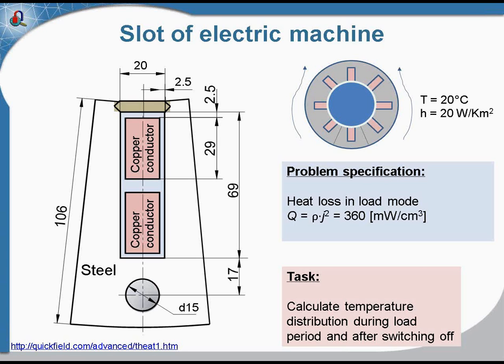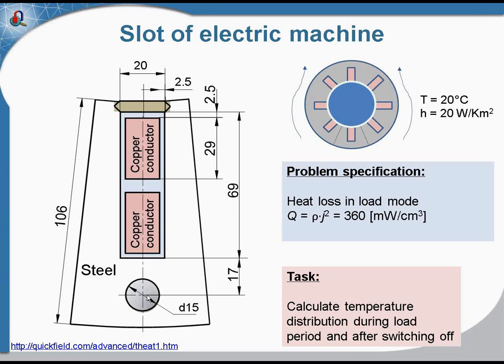There is a great difference between the load and the switched off mode. In load mode there is the current in the conductors and the rotor is rotating and the air flows in the air gap and the air flows in the cooling duct.